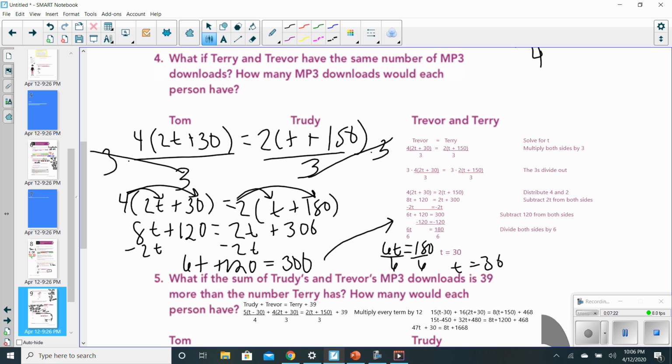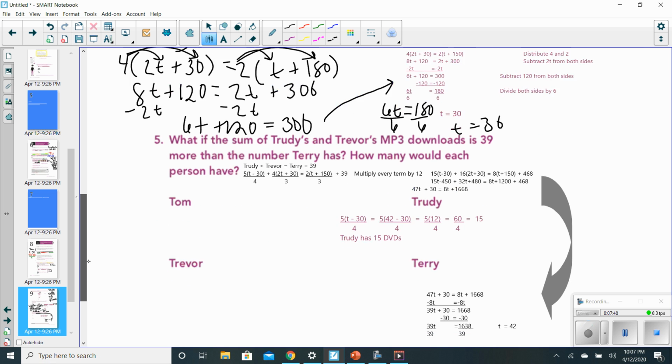So now that you know that t equals 30, plug it into Tom's equation and Trudy's equation to figure out what the MP3 downloads for each person would look like if t equaled 30.